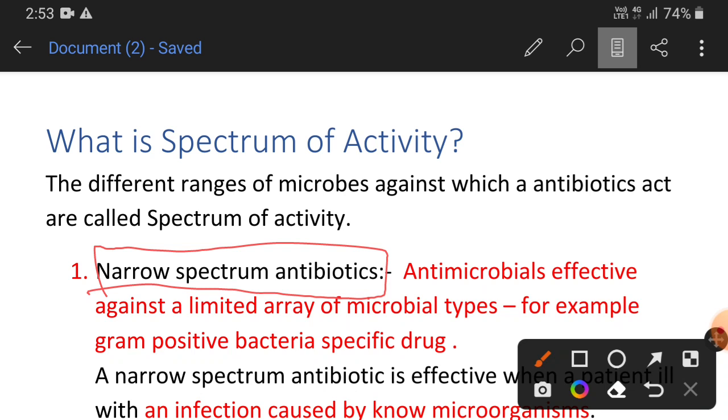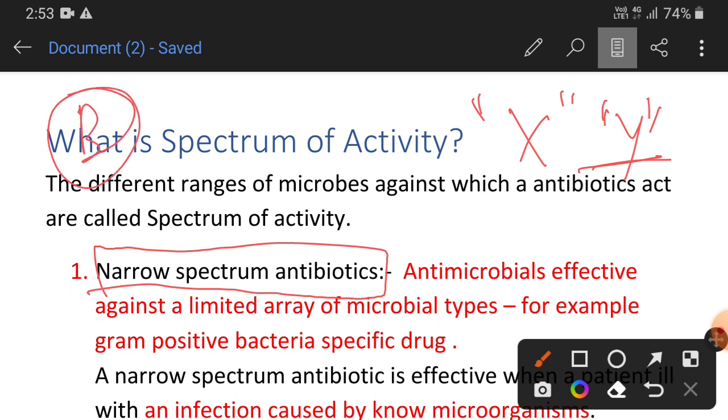Because when you know that, let's say, for X infection Y microbe is responsible, and you use a broad spectrum antibiotic, and obviously the broad spectrum antibiotic will be the B type, that means it is effective against 6 different or many other types of bacteria.